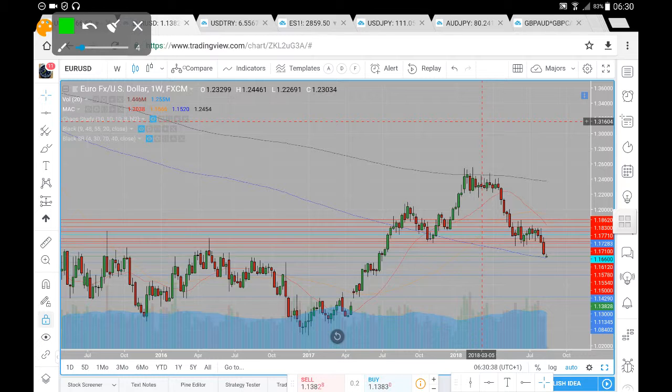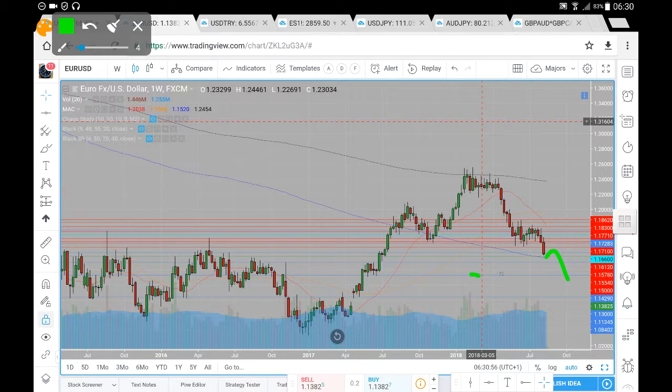Now currently we do have the 200 period average sitting at that 113.57, so we do have to be aware of that being a potential area where we could find support before we move down towards this 113.